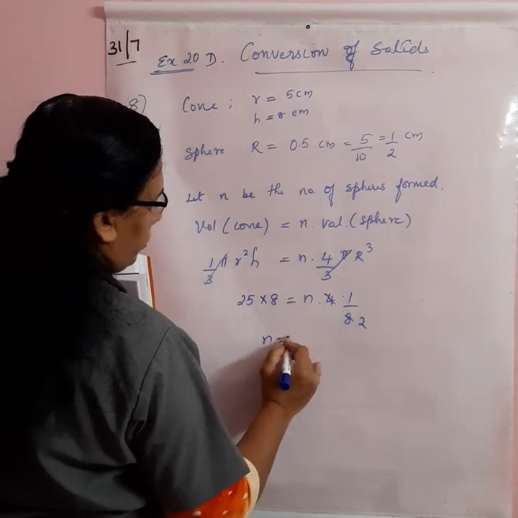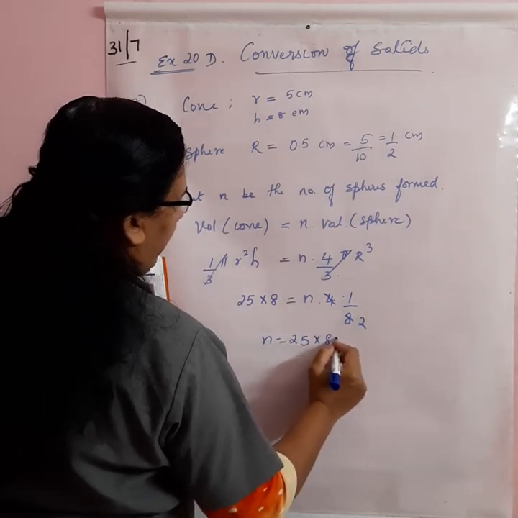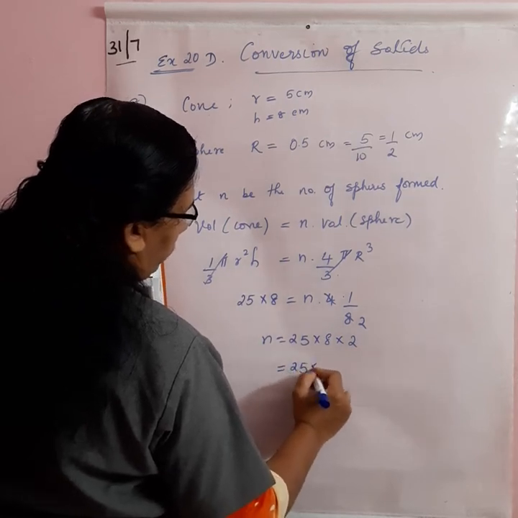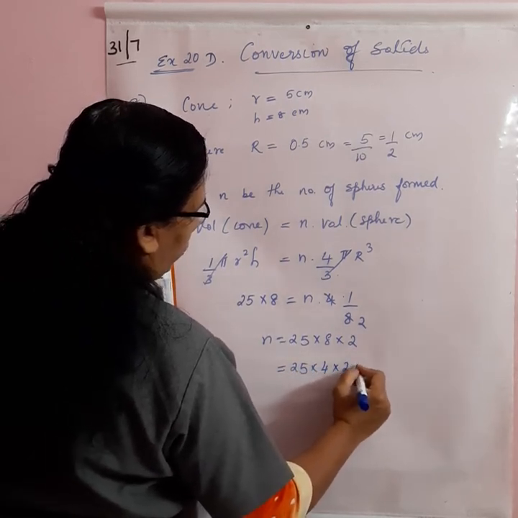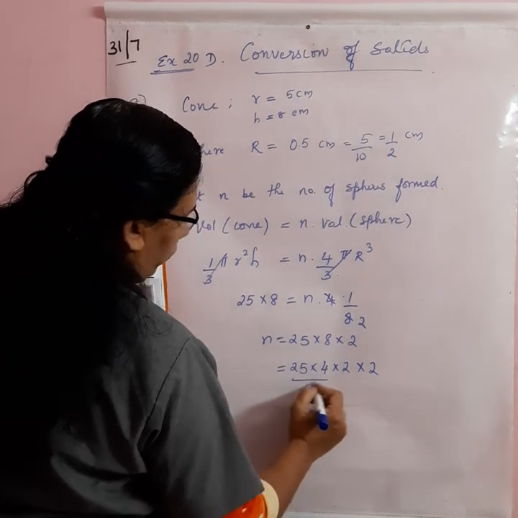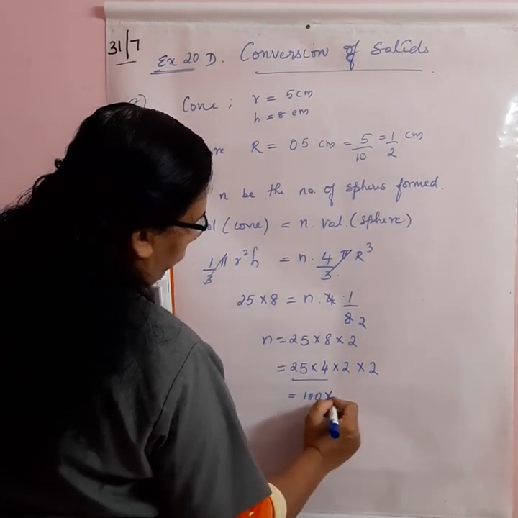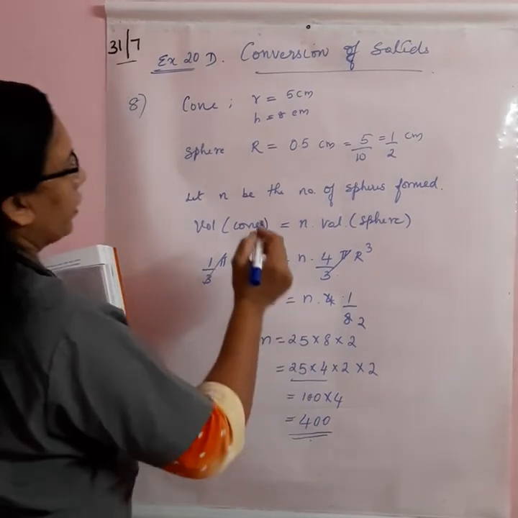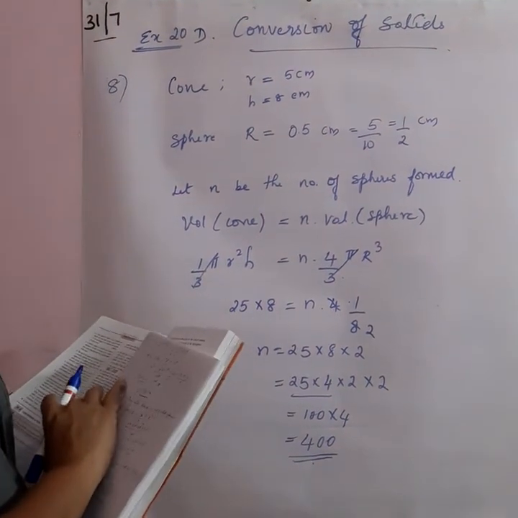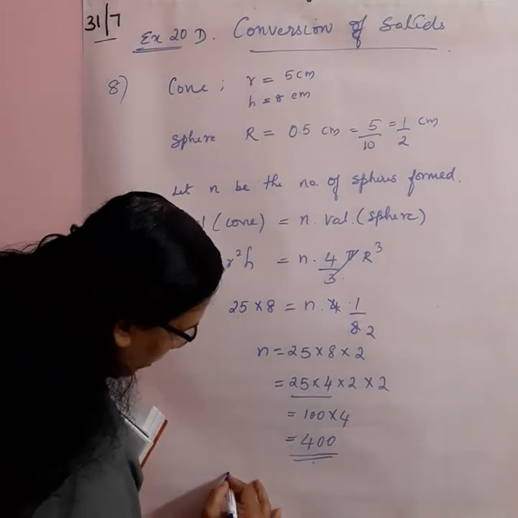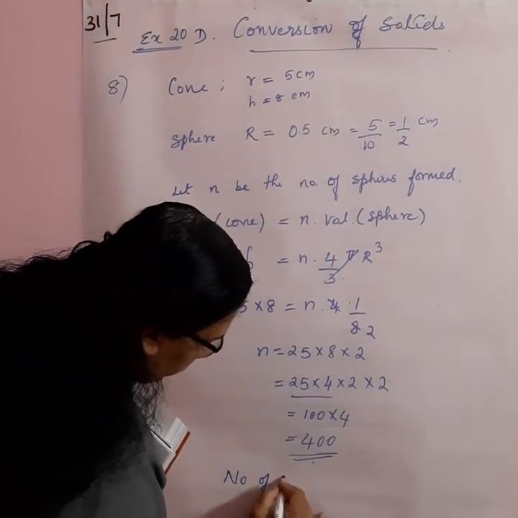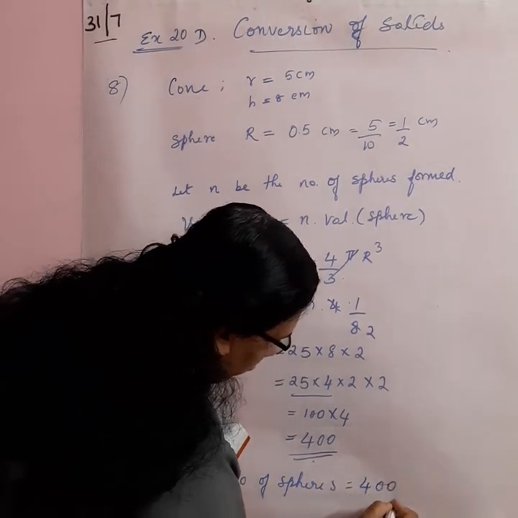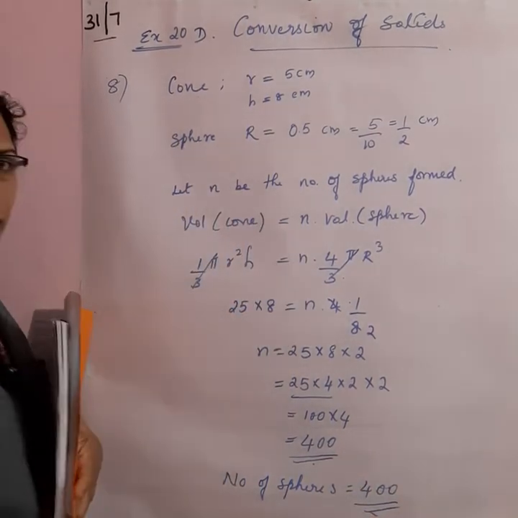So n is equal to 25 into 8 into 2. So 25 into 8, I am writing 4 into 2 into 2. So 25 into 4 is 100, into 4 is 400. So what is asked? Find the number of spheres. So the number of spheres is 400, or 400 spheres are formed.